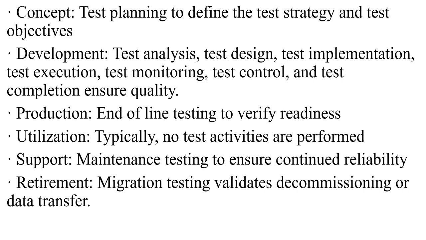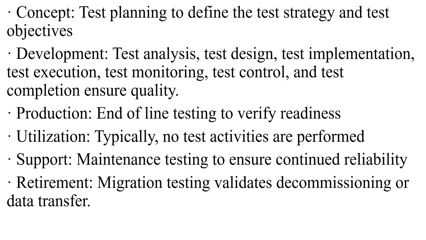Development: test analysis, test design, test implementation, test execution, test monitoring, test control, and test completion ensure quality. Production: end-of-line testing to verify readiness. Utilization: typically no test activities are performed. Support: maintenance testing to ensure continued reliability.